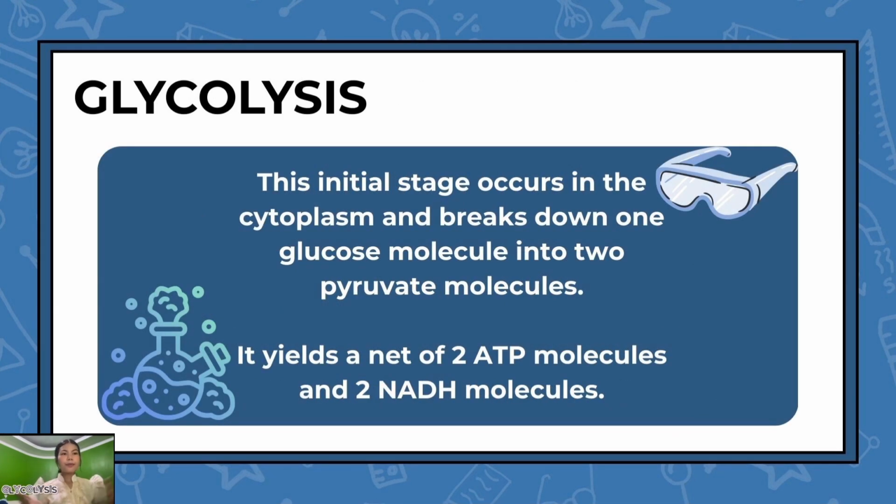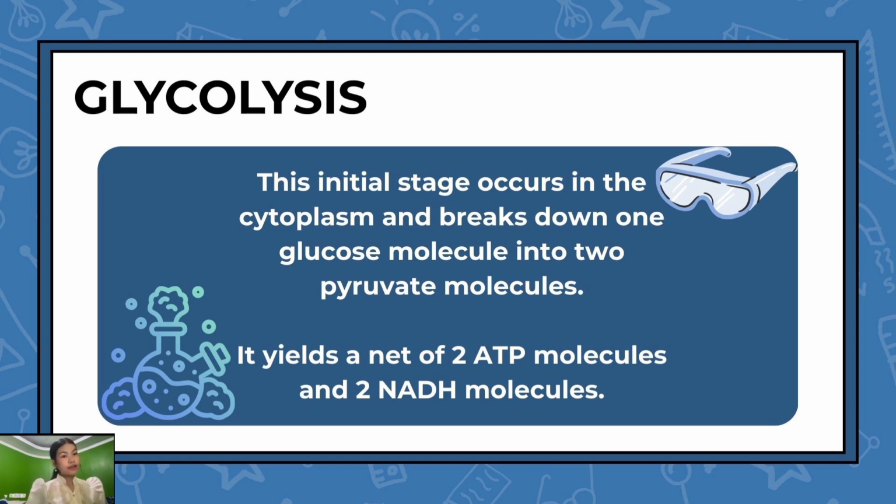Glycolysis. You might wonder what glycolysis is. Well, from the word itself, glyco means sugar from glucose, while lysis means to split. It refers to the process of splitting glucose into pyruvate. Now, what is pyruvate?